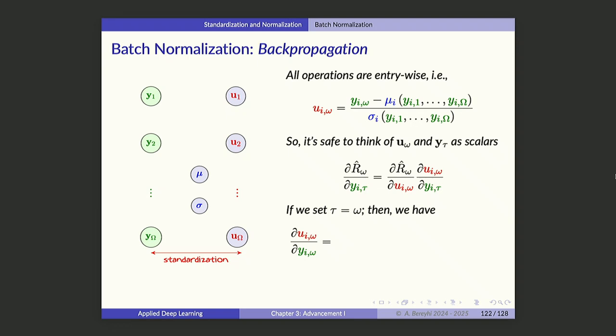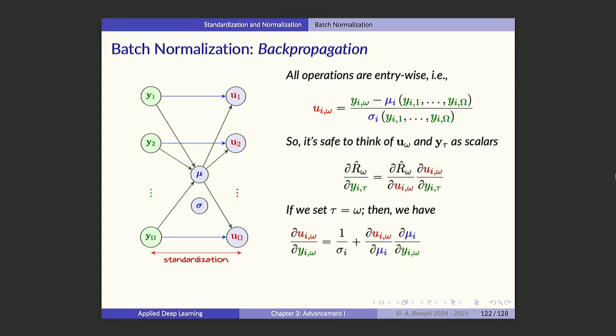It's 1 over sigma, because y is only showing up here. Mu and sigma are treated as constants because they are other variables. So this is going to be 1 over sigma, plus the next term, the derivative of u with respect to mu times the derivative of mu with respect to y, and the last term is the derivative with respect to sigma times the derivative of sigma with respect to y omega.